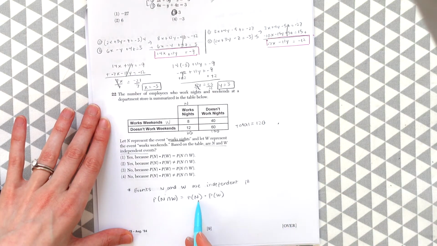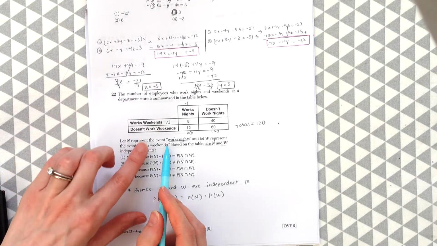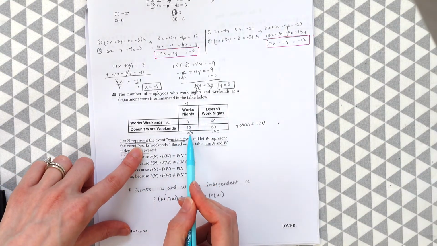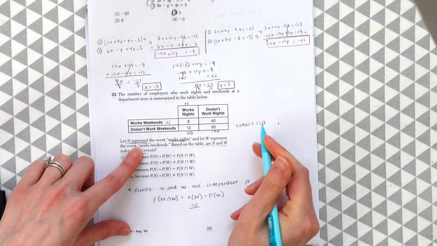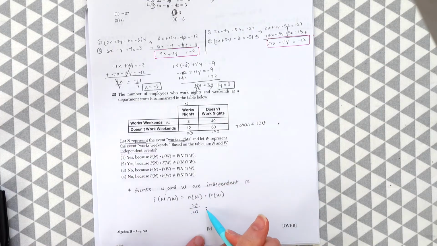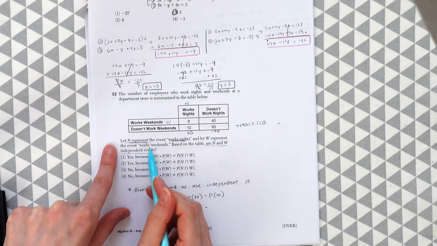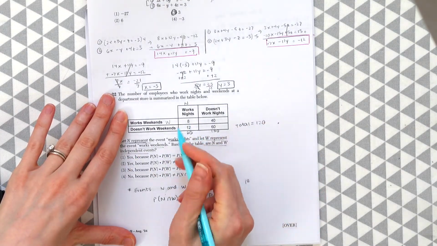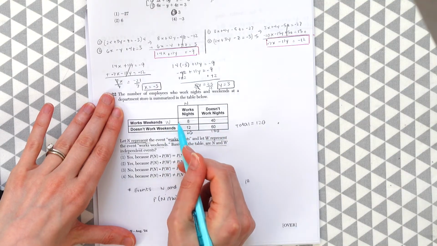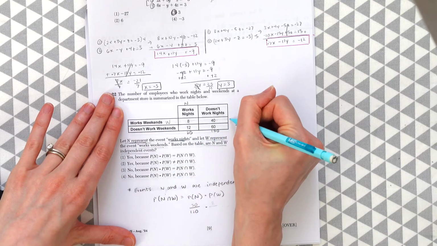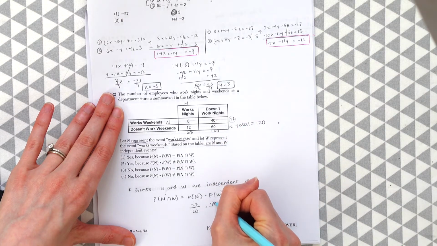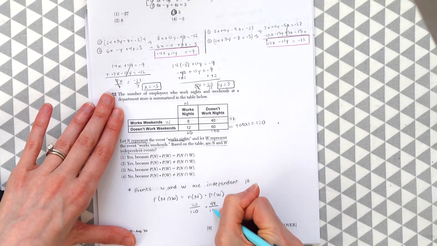So if we're just looking for the probability of working nights, which is represented by n, you could see that's going to be 20 over the total 120. And then we're going to find the probability of working weekends, which is represented by w. So working weekends, you could see is along this way is going to be 48. So people who work weekends is 48 out of the total 120.